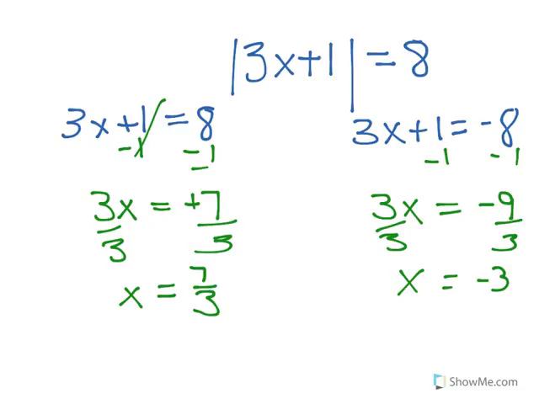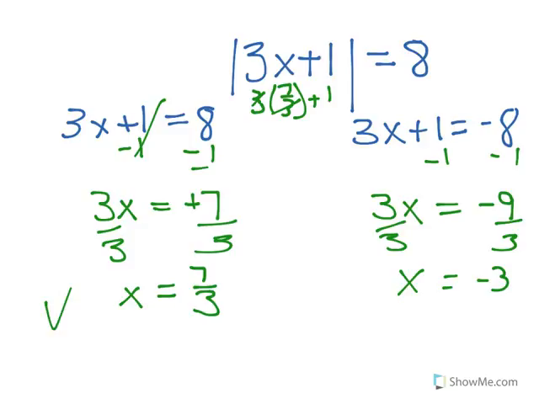Remember, as in all of our work, we can always go back and double check that our solutions are correct. If we plug in 7/3 into our original equation, 3 times 7/3 plus 1, that is 7 plus 1, or the absolute value of 8 is certainly 8, so that checks.